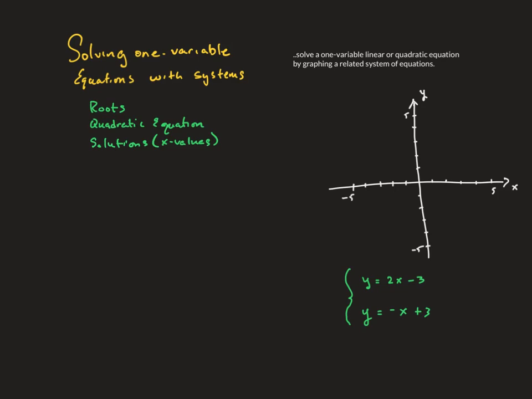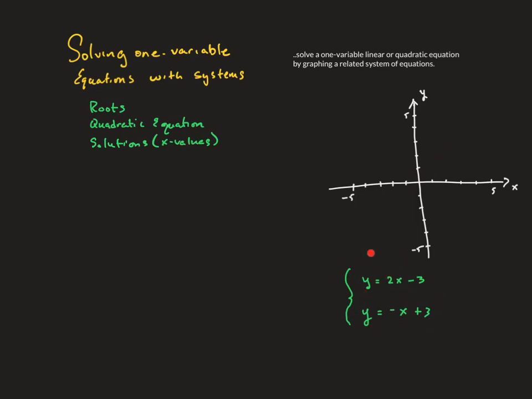And so we want to be able to solve a one variable linear or quadratic equation by graphing a related system of equations. So remember that if I take this example that I have, y equals 2x minus 3 and y equals negative x plus 3, that's a system.